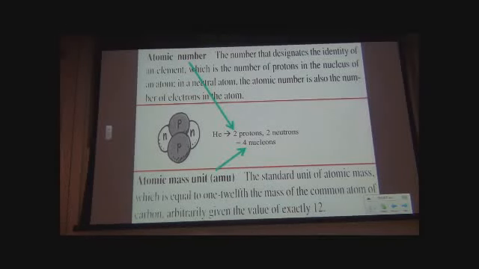Now you notice in each of these boxes there are other numbers. There's a number that's in red. That red number is the atomic mass unit, which is, again, to a first approximation, the sum of the protons and the neutrons in the element. So here, helium, what's the red number? 4.002.